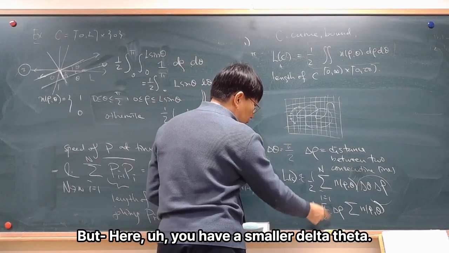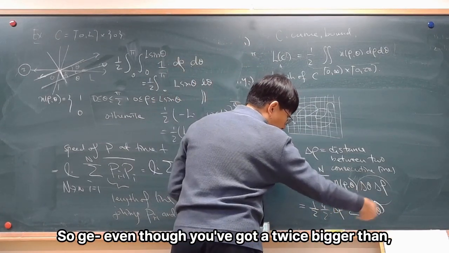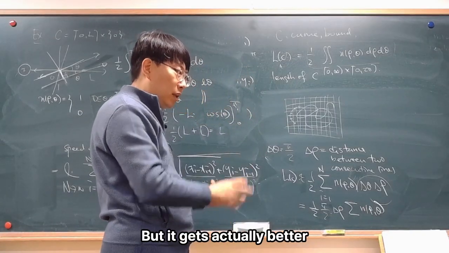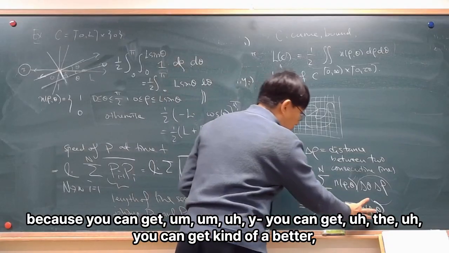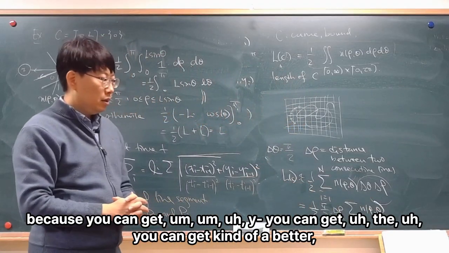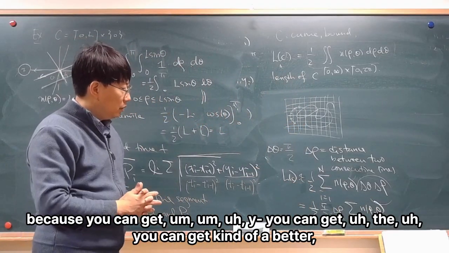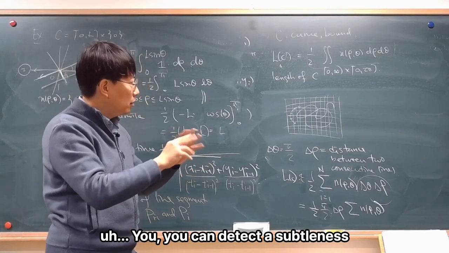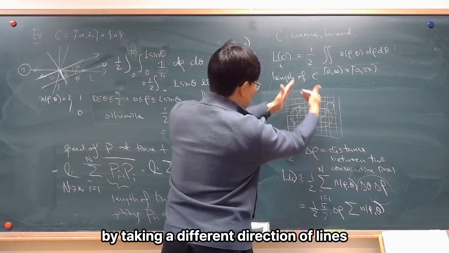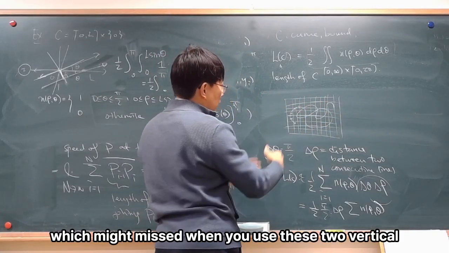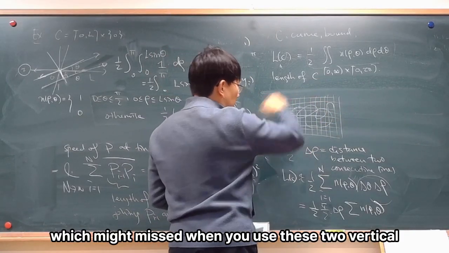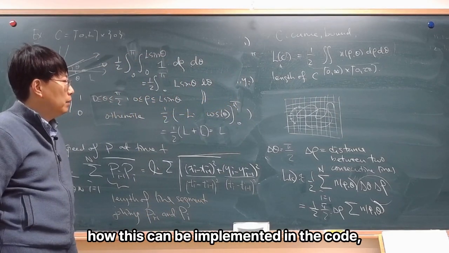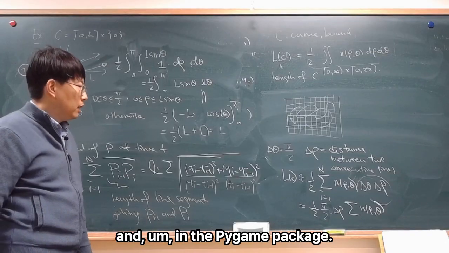Here you have a smaller delta theta, so even though you get twice the number of counts, the result is almost the same, but it actually gets better because you can detect subtleties of the curve that might be missed when you use only the vertical and horizontal lines. So I'm going to show you how this can be implemented in code with the Pygame package.